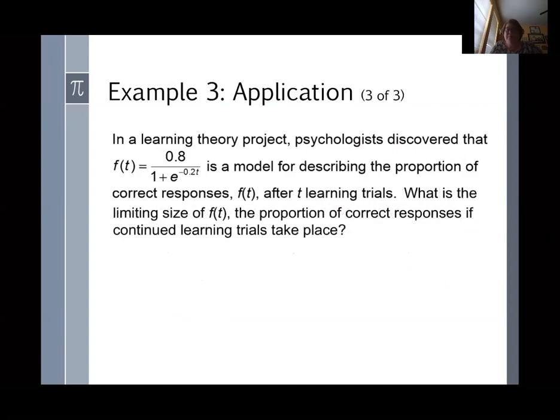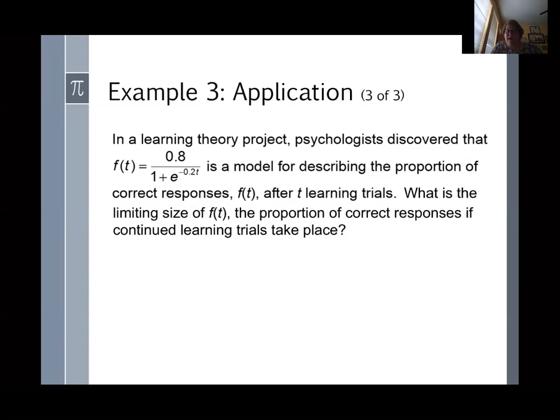All right, the last part of the logistic model example asks, what is the limiting size of f of t? The proportion of correct responses if continued learning trials take place. Since this is a logistic model, it is going to limit out. It's going to reach a horizontal asymptote and the graph becomes flat.